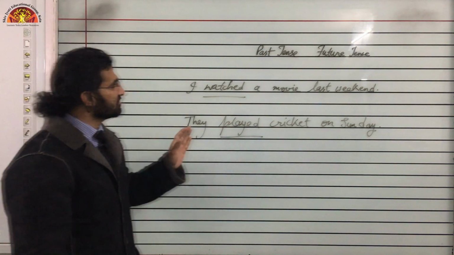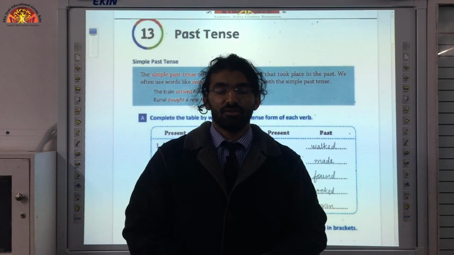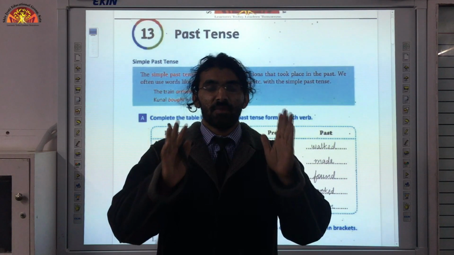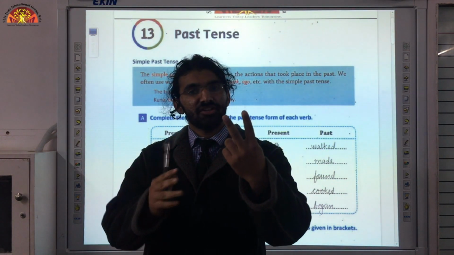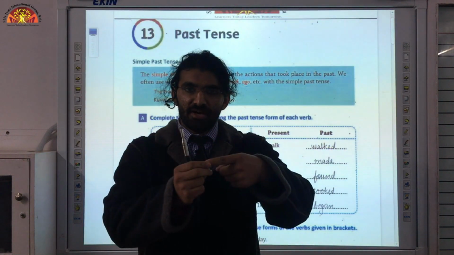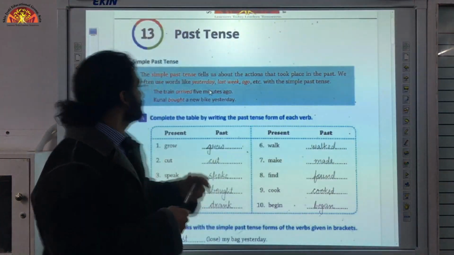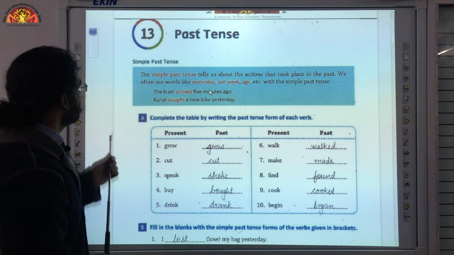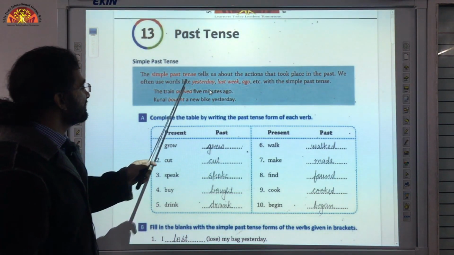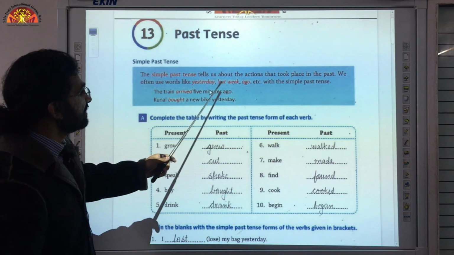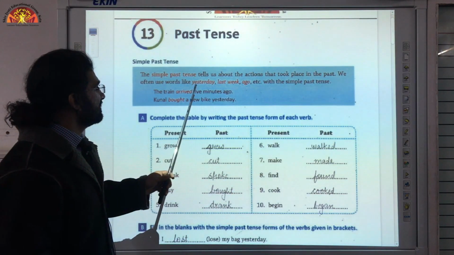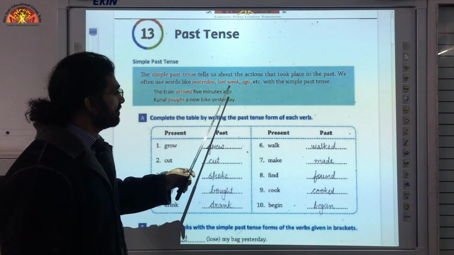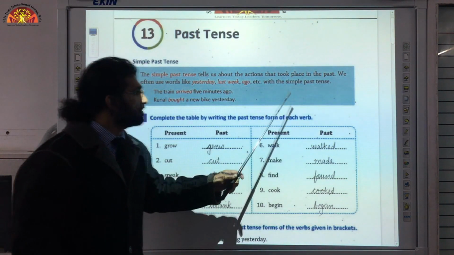We are going to get into the detail of past tense now. According to your syllabus, we can divide it into two categories: simple past and past continuous. First of all, we are talking about simple past tense. The simple past tense tells us about the action that took place in the past. We often use words like yesterday, last week, ago, etc. with the simple past tense.